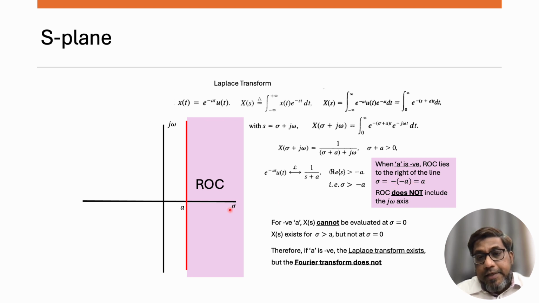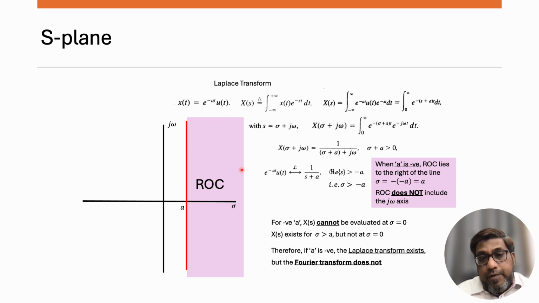That means the region of convergence is going to be the region to the right side of the line sigma equal to a. So if you notice here, the point sigma equal to a is to the right hand side of the origin, and the line which passes through that point is parallel to the j omega axis, to the right side of the j omega axis, and the region of convergence is the region in the s-plane to the right side of this line.